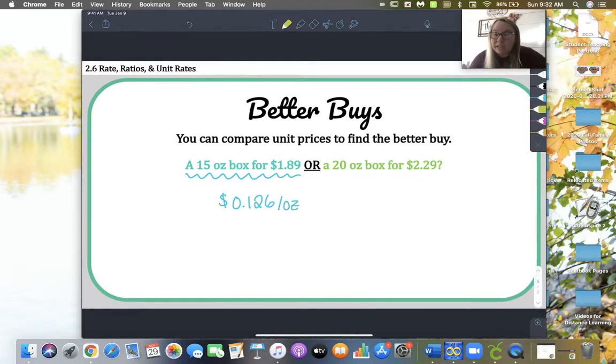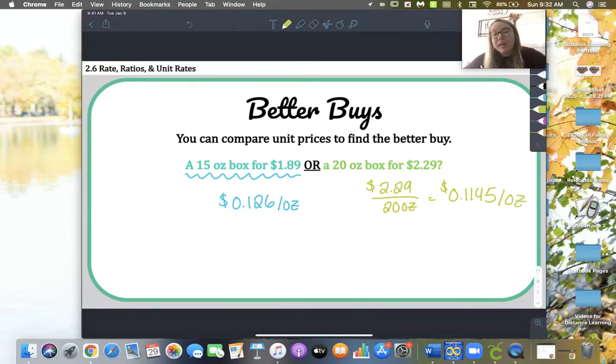Now we can figure out, if there was a competitor and it was 20 ounces and it was $2.29, which one would be cheaper? Same process. I'm going to take my $2.29 and divide it by my 20 ounces. And when we do that, I get 0.1145, and that's dollars per ounce.